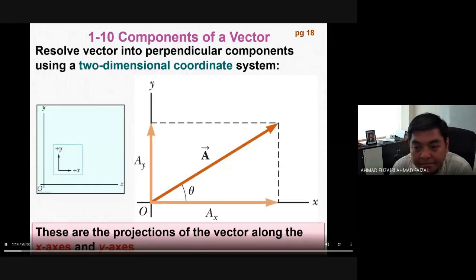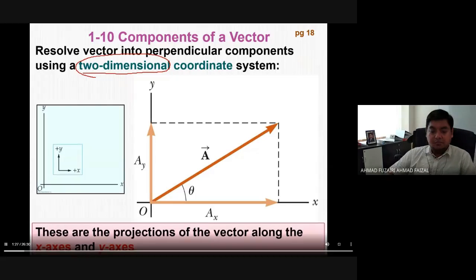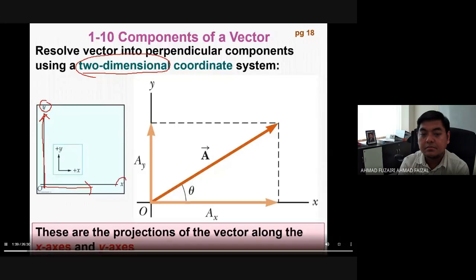Okay, so here we resolve a vector into perpendicular components using a two-dimensional coordinate system. Two-dimensional here refers to the X and Y coordinates. So you have axes here: the vertical one should be the Y axis, and the horizontal one should be the X axis.